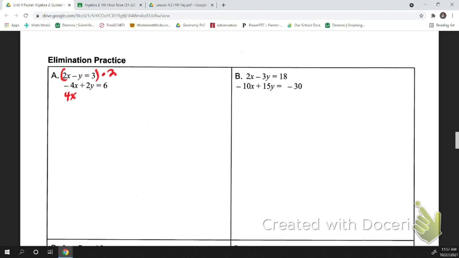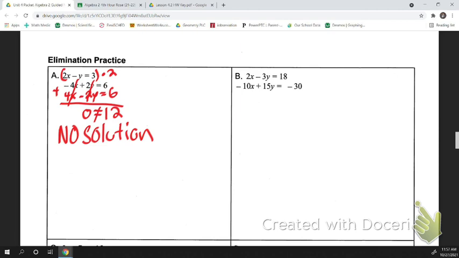So now I have 4x, now I have negative 2y, and now I have 6. Uh-oh. What's happening when I add these together? We eliminate both variables. And I get 0 equals 12. Is that a true statement? No solution. You're right. No solution.